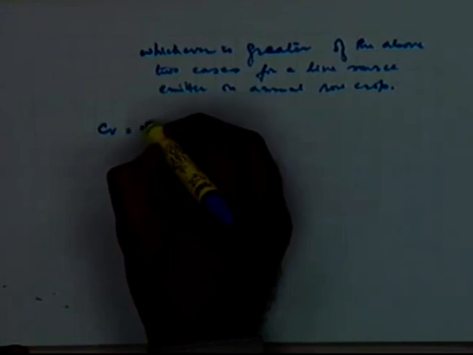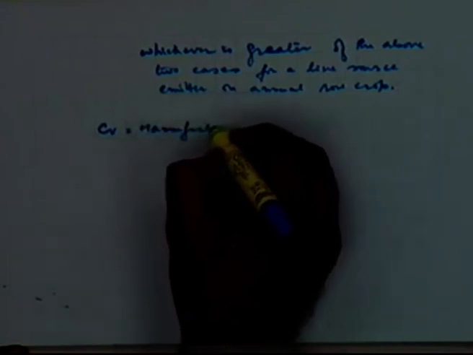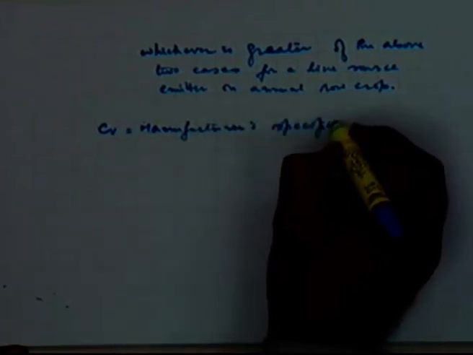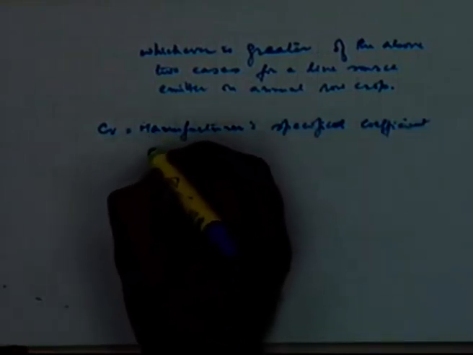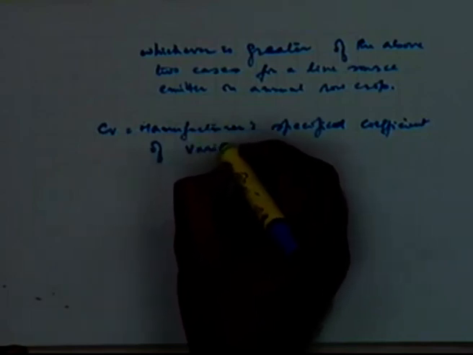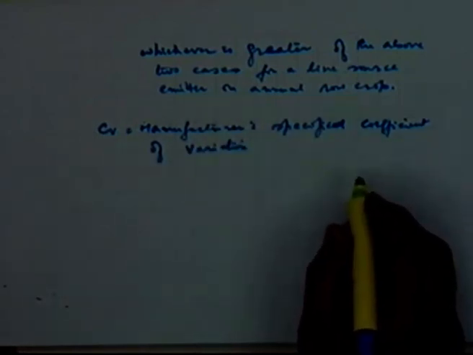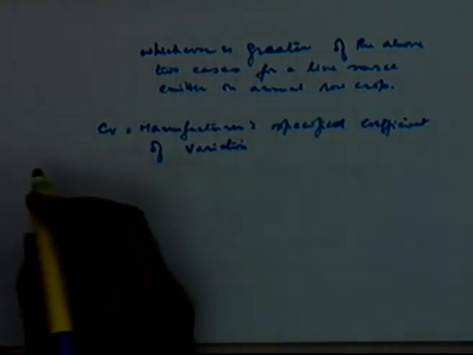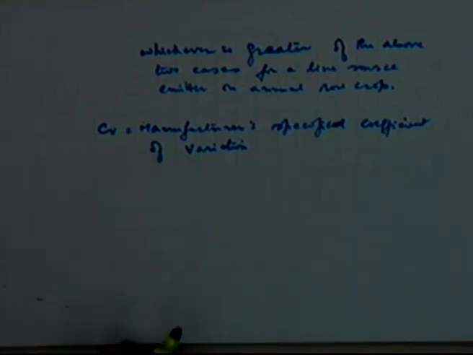Now CV is the manufacturer's specified coefficient, provided by the manufacturer, and is a coefficient of variation of discharge. Normally when the manufacturer provides an emitter, he gives the value of the coefficient of variation of discharge.